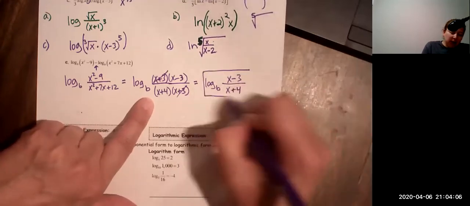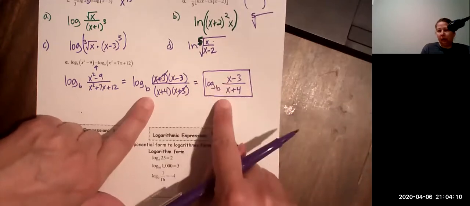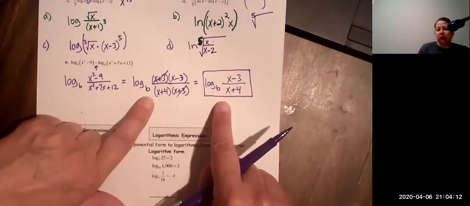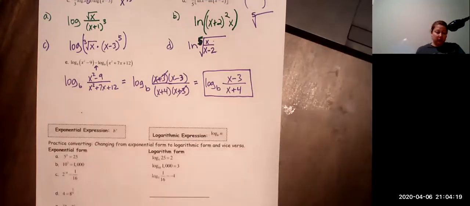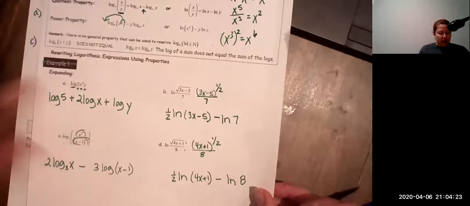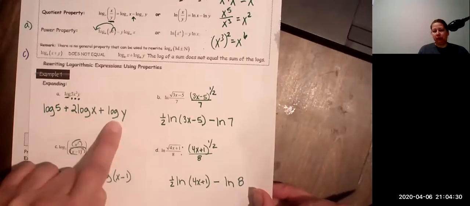The thing I see most people mess up on this is they want to write log on the top divided by log on the bottom. Anytime you're condensing logs, you can never have more than one log in the problem, okay? Anytime you're expanding logs, I'm going to go back to this for just a second. If you're expanding logs, however many terms there are in here, that's how many times you have to write the word log down.